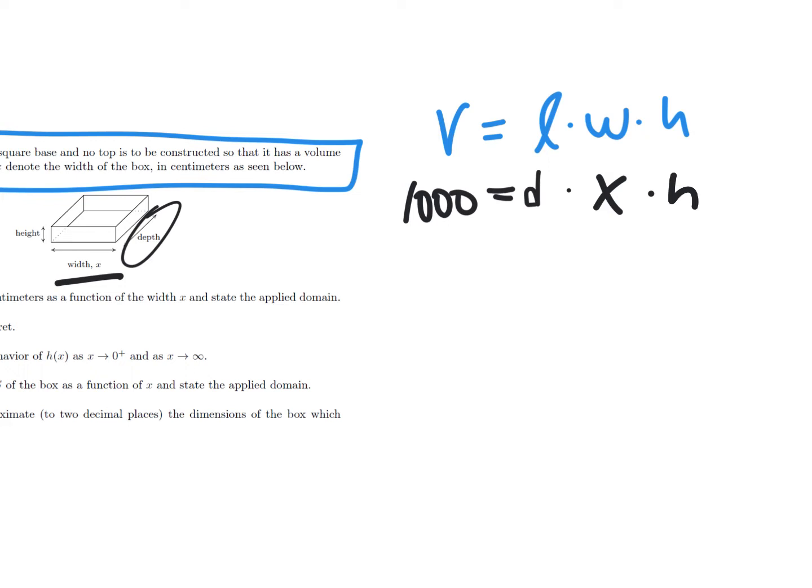So they said specifically to make the width X, so let's make the depth also X, and then we've got an X here. Do you get how I got that down to two variables? Only H and X. All right. Now, I'm going to just go one more step and just say this is X squared times H.